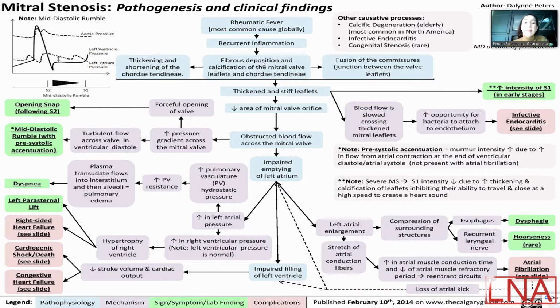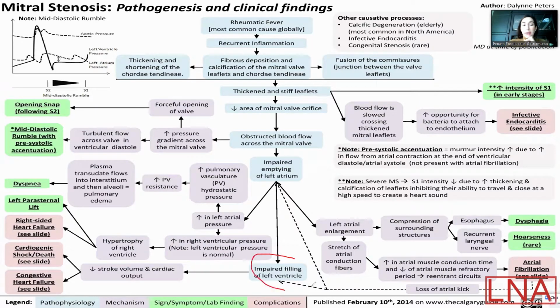Fibrotic deposits lead to thickened and stiff leaflets or cusps, decreasing the area of the mitral valve orifice, the window, which cannot open well. This leads to obstructed blood flow across the mitral valve and impaired emptying of the left atrium. Not all the blood can go into the left ventricle during diastole, which leads to impaired filling of the left ventricle.